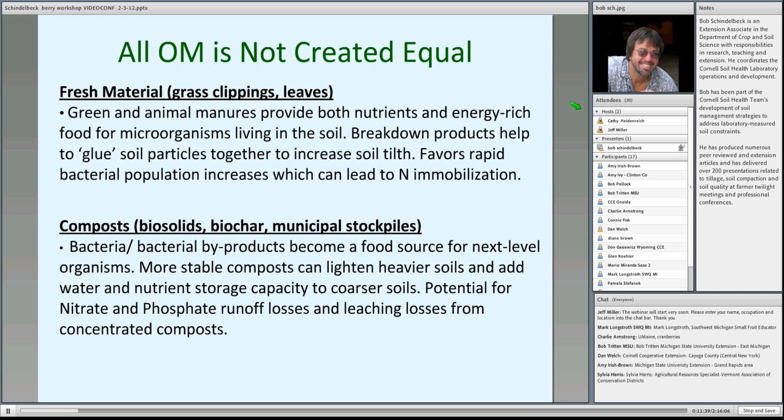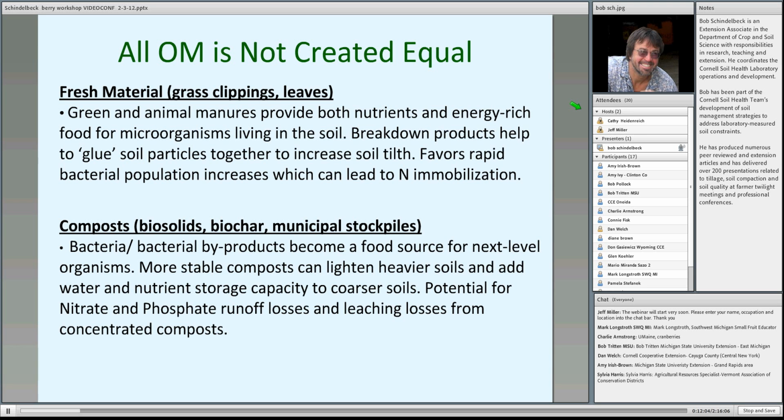What we see here are typically more stable composts, more stable material than the fresh material. And what's happened is this composting has taken place in a pile. When we add the fresh material, in contrast, the composting, so to speak, is taking place out in the field, in situ, right in all these little micro places in the field.